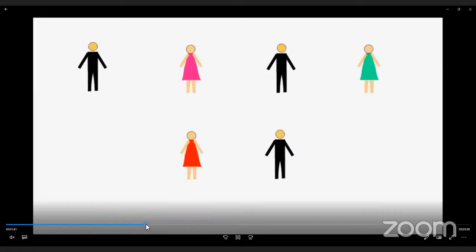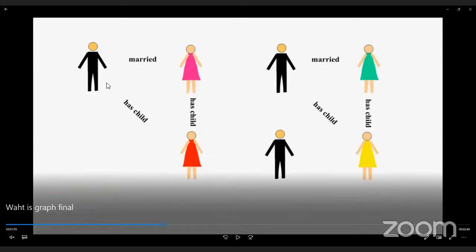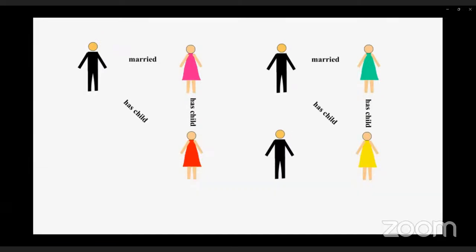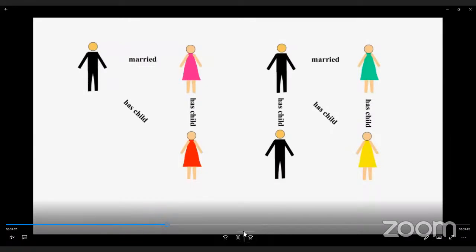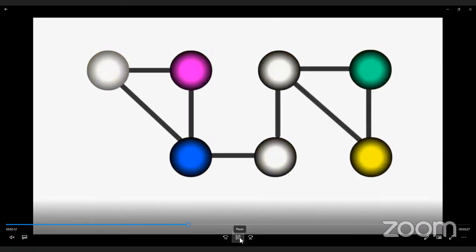And many things can be modeled as a graph. For example, this one is the relation between people, and that also has to do with databases. So it is married to that one, it has a child, and so on, and it can also be modeled as a graph.